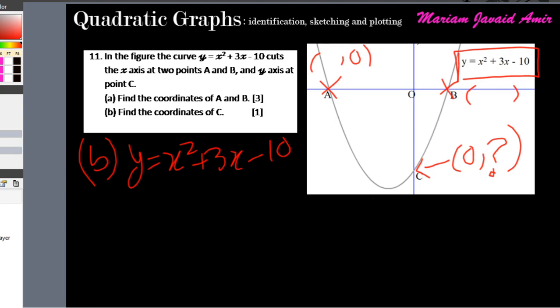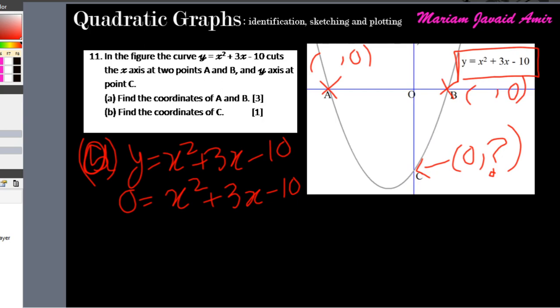Okay, we're doing part A now. Now the value of y is 0 because the points A and B are lying on the x-axis, and on the x-axis y equals 0. So 0 equals x squared plus 3x minus 10. This is a quadratic equation.